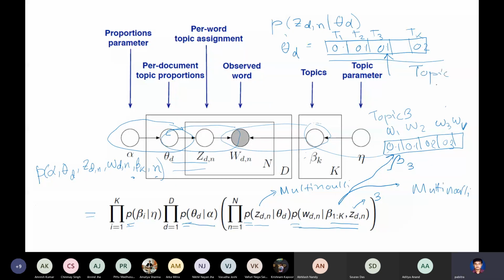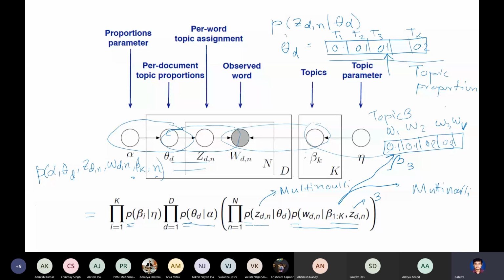What is the probability that document D has this topic proportion vector? It could have something else. It could have 0.9, 0.1, 0, 0, 0. It could have 0.5, 0.4, 0.1, 0, 0, 0. Some other theta D could have been given to document D. Some other topic proportion could have been there.